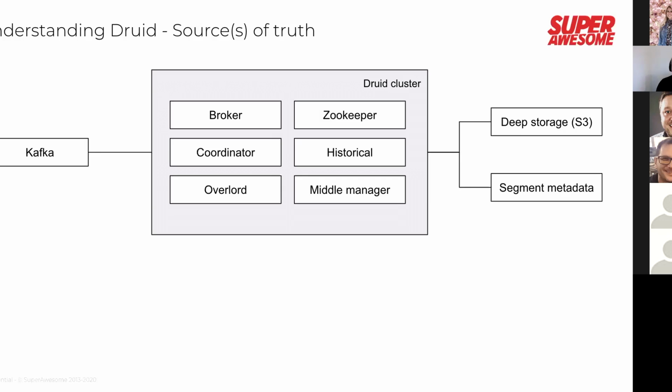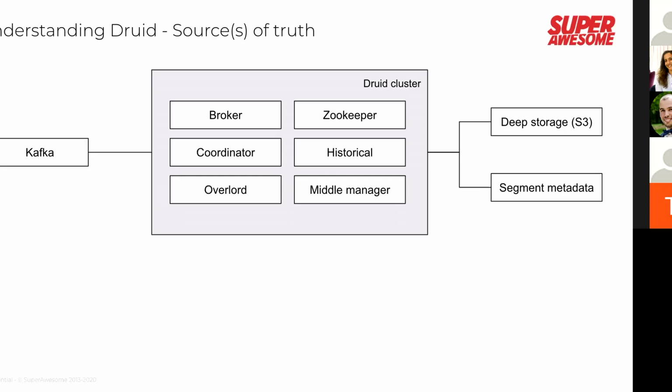For the historical nodes, the historicals save the segments on disk, but they are not the source of truth for the segments. So again, if you stop a historical node, empty its disk and restart it, it might take a few minutes for the cluster to understand that it has restarted. It might load another set of segments, but it won't lose any data because the source of truth is S3.